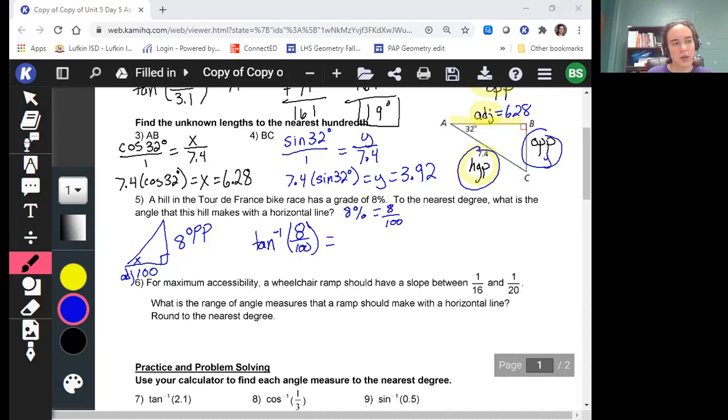And we are going to round to the whole degree because we are looking for an angle. So after the 4, we have a 5, so we are rounding up. So we have 5 degrees.